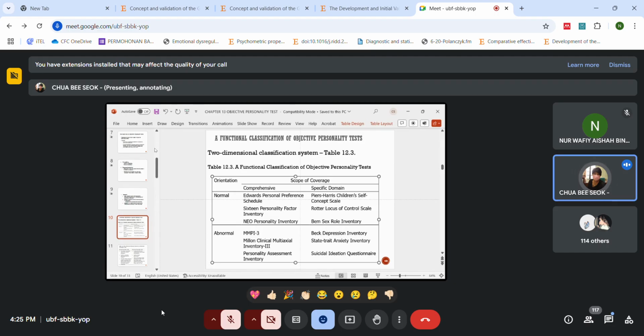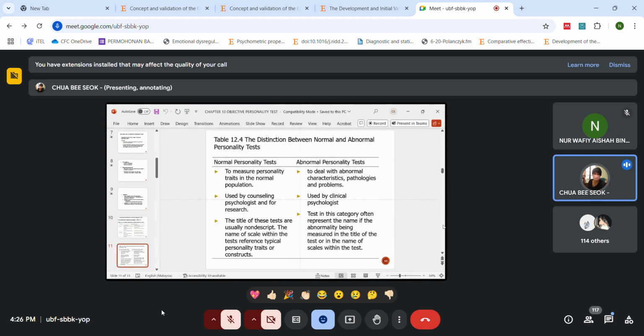The latest version is MMPI-3, not 2. Besides that, there are the Millon Clinical Inventory and the Personality Assessment Inventory. For the specific domain, we have examples like the Beck Depression Inventory, the stress and anxiety inventory, and suicidal ideation questionnaires. So these are specific domain abnormal personality tests.